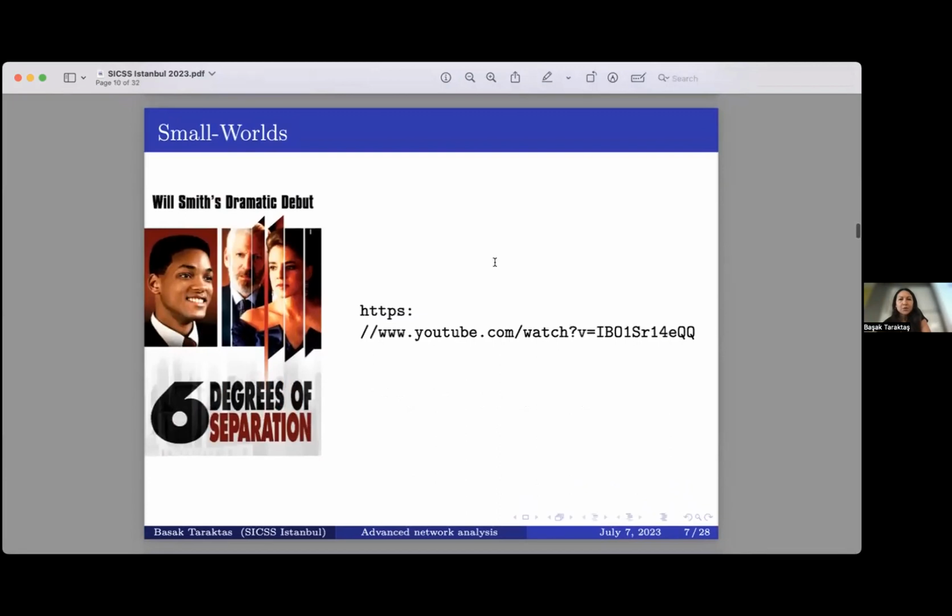So what we observe in real life is usually networks called small worlds. And there's a very famous movie. It's an old one right now. Hold on. Which screen is this?